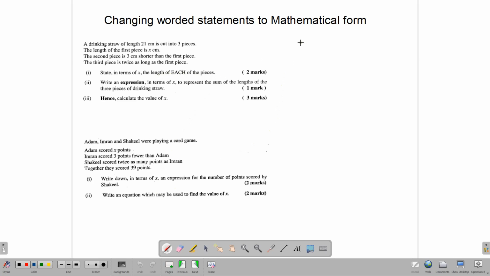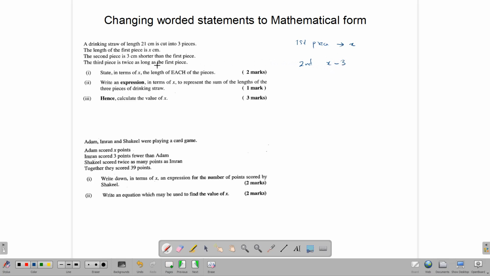All right. So the first piece. The first piece is given as x. The second piece, we're told, is 3 centimeters shorter than the first, which means we're going to take 3 out of this. So the second piece is x minus 3.